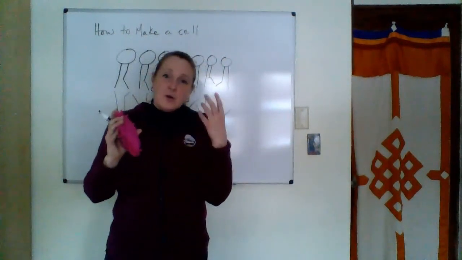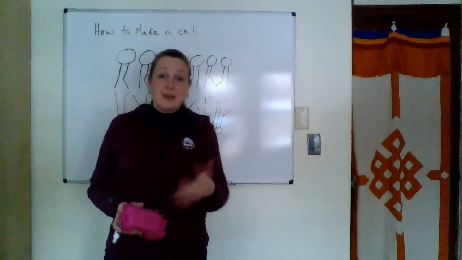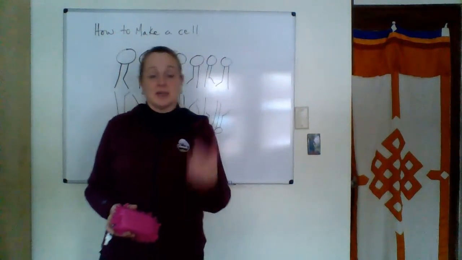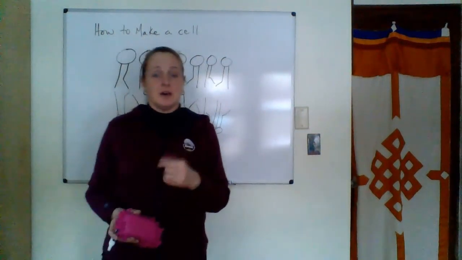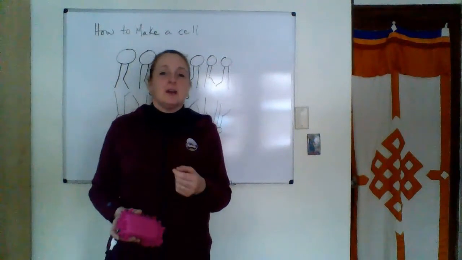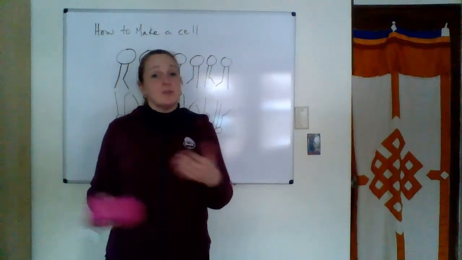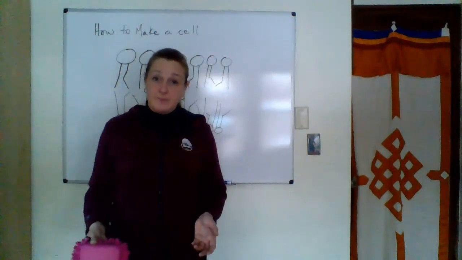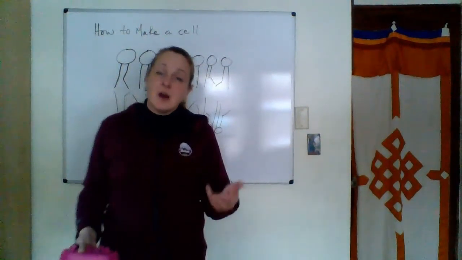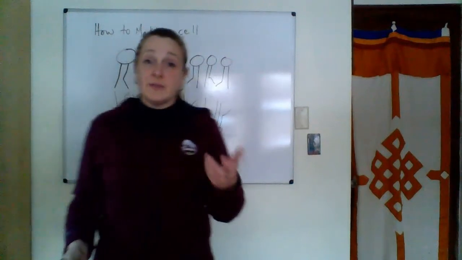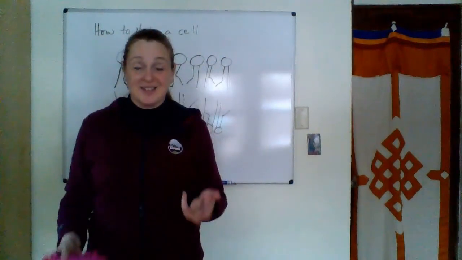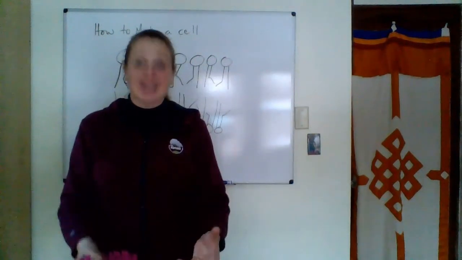So, a prokaryotic cell can make more of itself. It can obtain and use energy. It can make genetically new combinations. It can demonstrate all of the characteristics of life. Prokaryotic cells are what we think of when we think of the first life on this planet. It was the first attempt at living things.